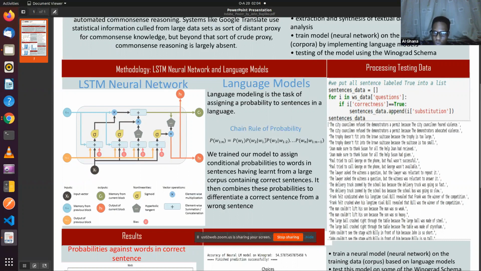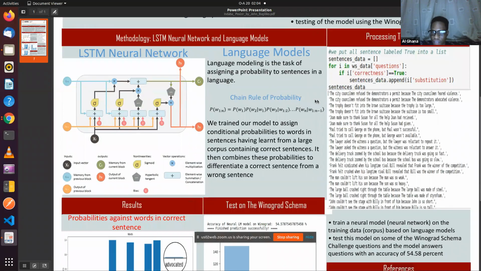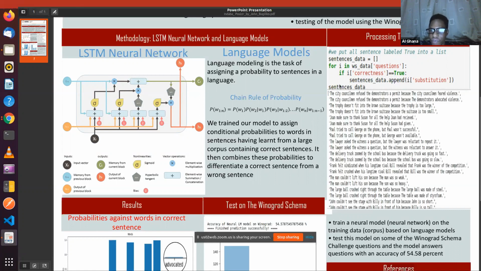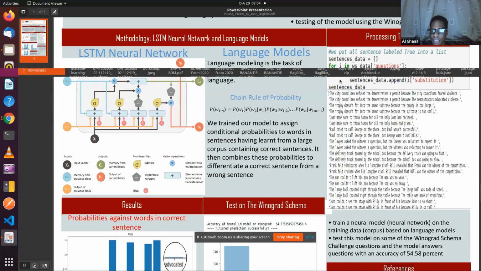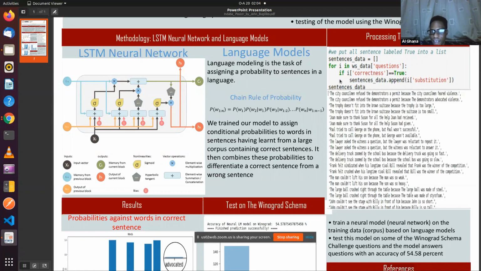Just before I talk about the test, I'm also going to talk about how we prepared the test data to test our model on. Just like I already mentioned, we look at sentences that are kind of ambiguous.